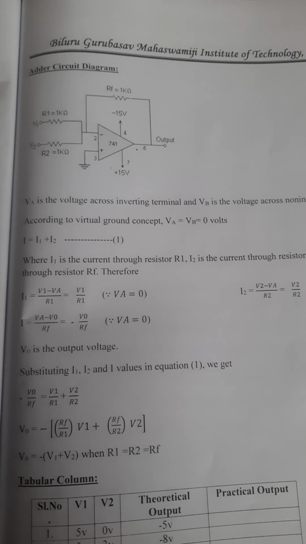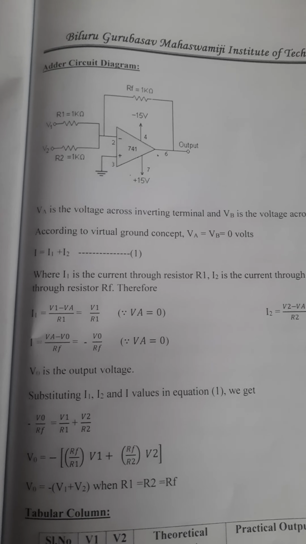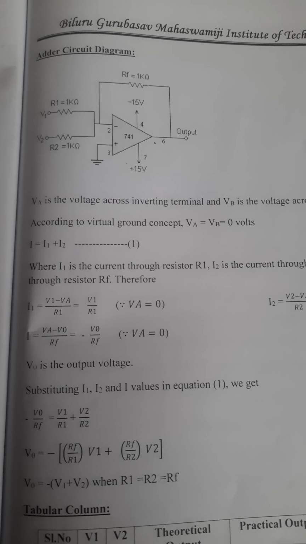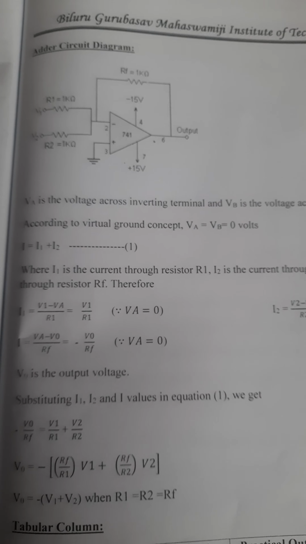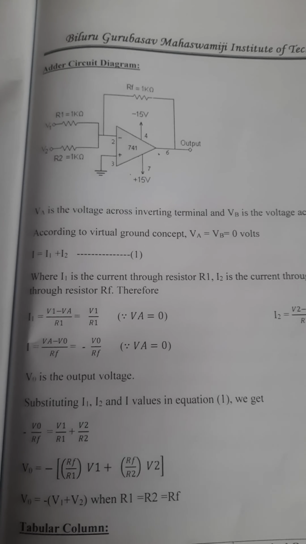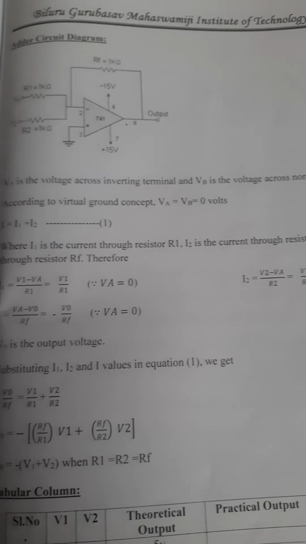The circuit diagram for the adder circuit is as shown in the figure. The configuration that is visible for you is an inverting summing amplifier.